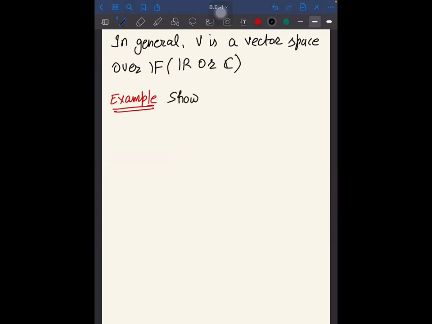Show that R2, and R2 is nothing but R cross R, okay, is a vector space over R, right?